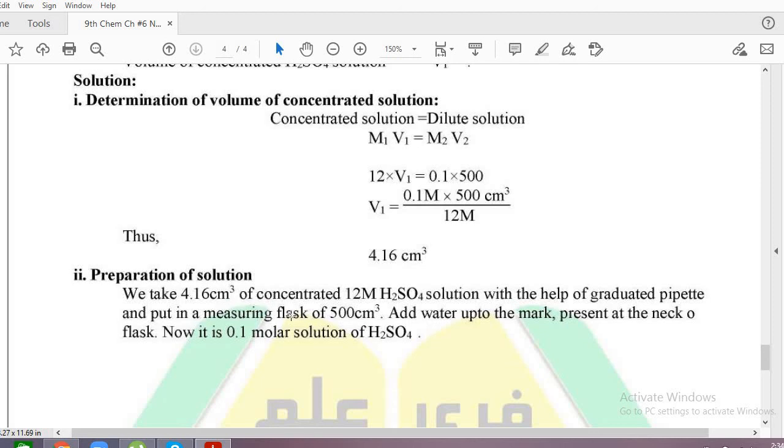The measuring flask is basically what we use to prepare the solution. Out of this given molarity, you take 4.16, put it in the measuring flask, and then make up the volume to 500 centimeter cube. Then we are going to get the desired molarity solution, which was 0.1.